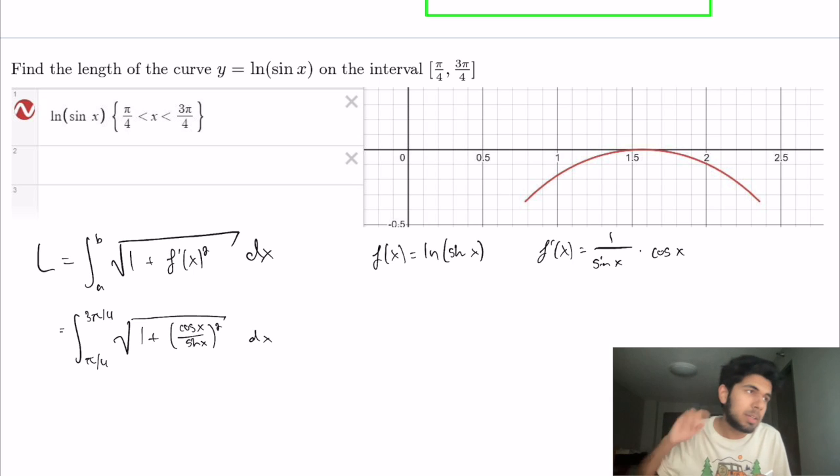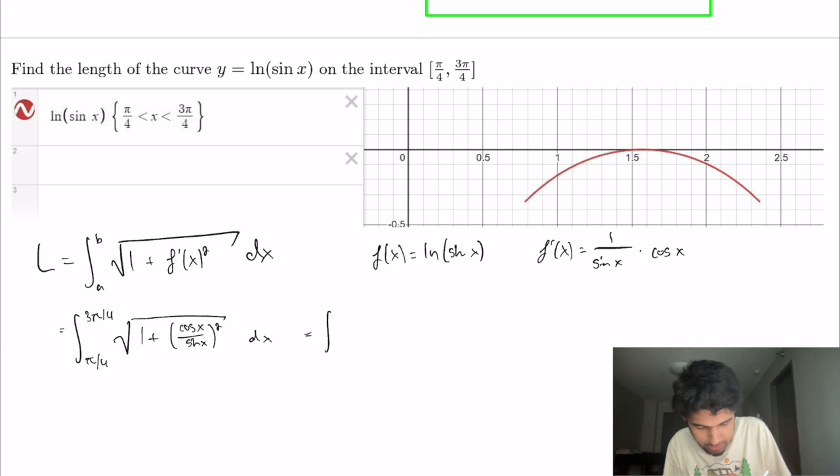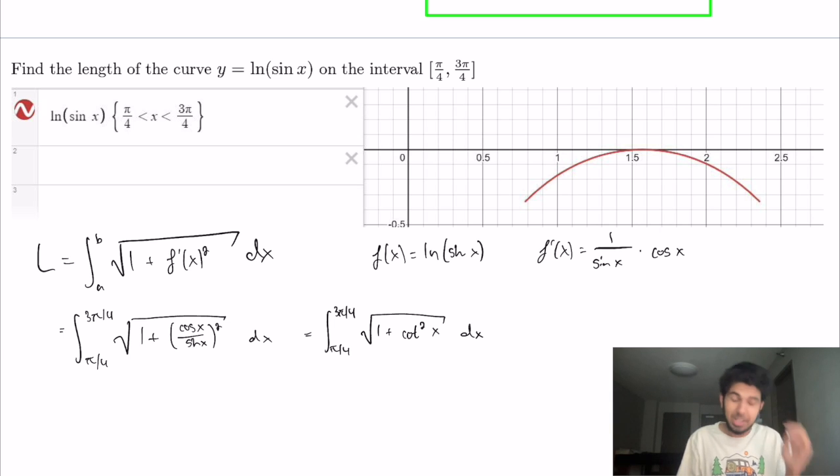dx. Okay, so this we can think of cosine over sine as cotangent. So this is the integral from pi over 4 to 3 pi over 4 of the square root of 1 plus cotangent squared of x dx. Now, how do we compute this integral here?